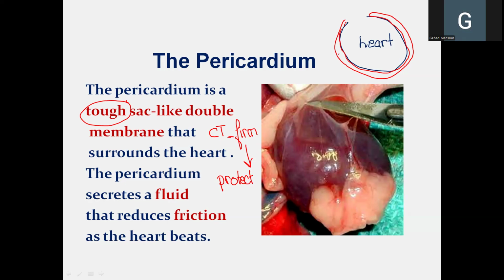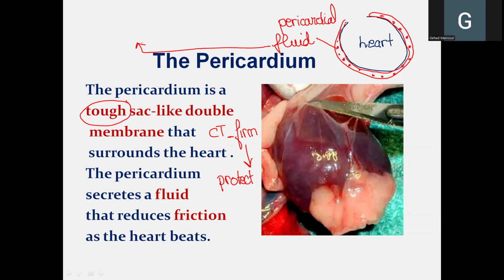Meanwhile, there is a minimal amount of fluid that is normally secreted by the cells that line the pericardial sac, and that minimal ultra-thin layer of liquid is called the pericardial fluid. So normally there is a small amount of pericardial fluid in between the inner and outer layers of the pericardium.